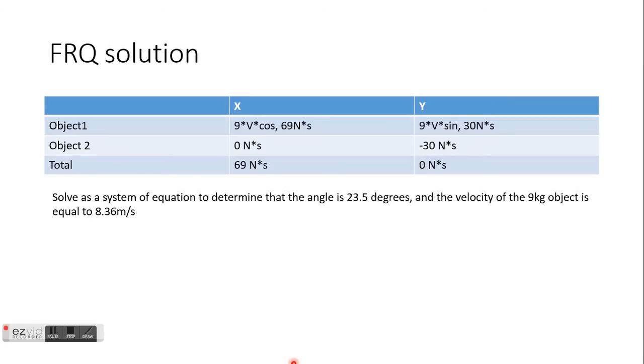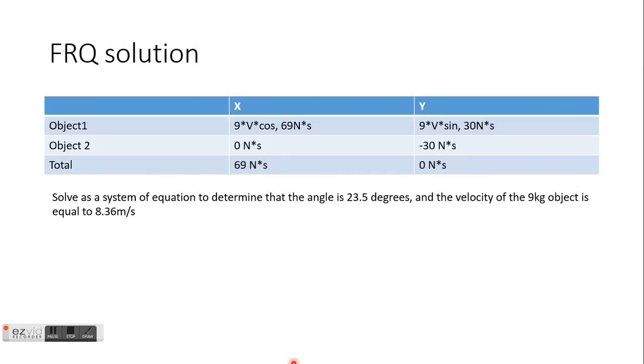Hold on, I'll put it in my calculator right now. It's 30 over 69. Yeah, it gets you the same thing, 23.5 degrees. You can treat it as a system of equations and solve it that way, or you can treat it as vectors, and it's a lot simpler that way.